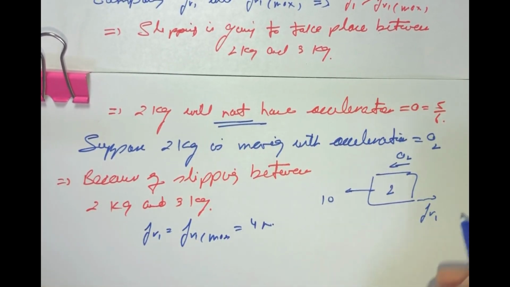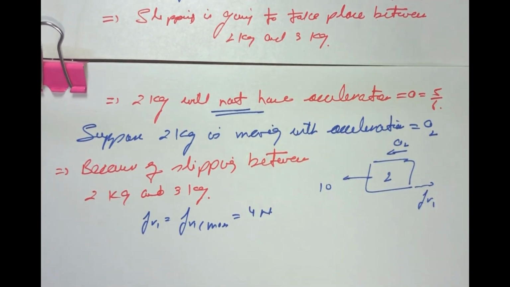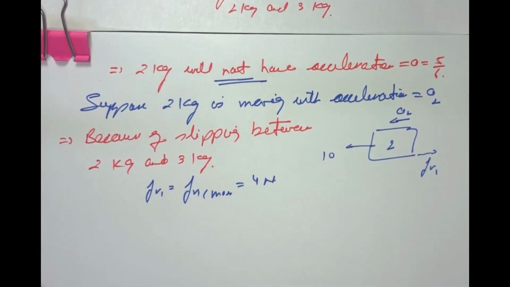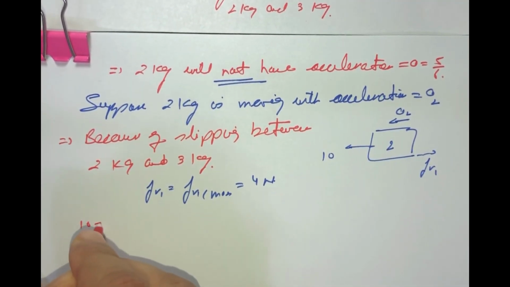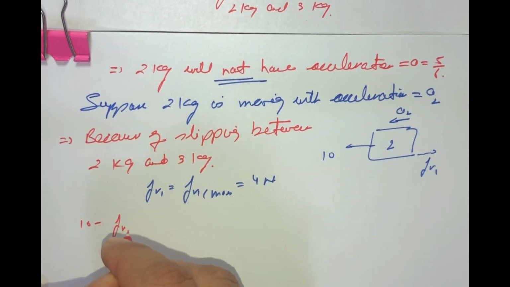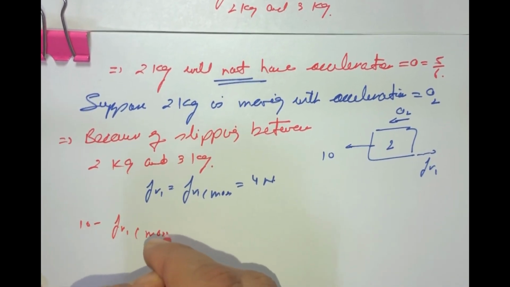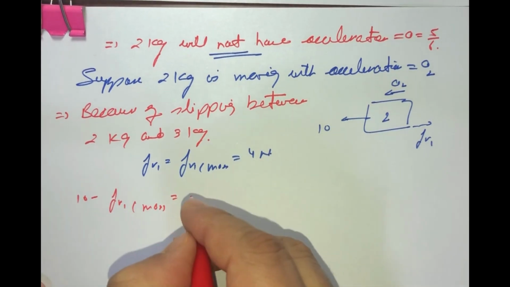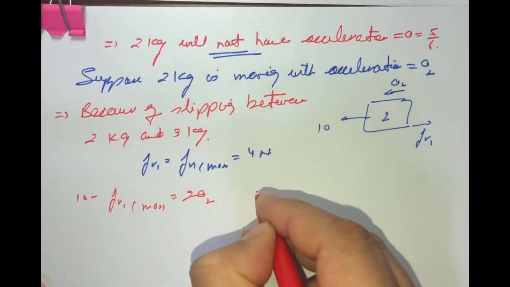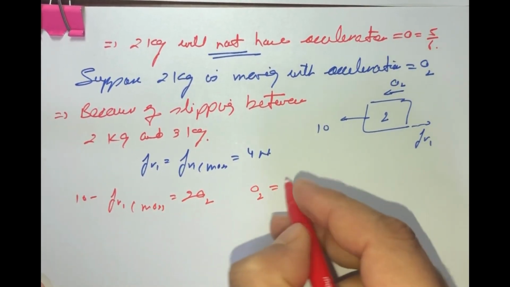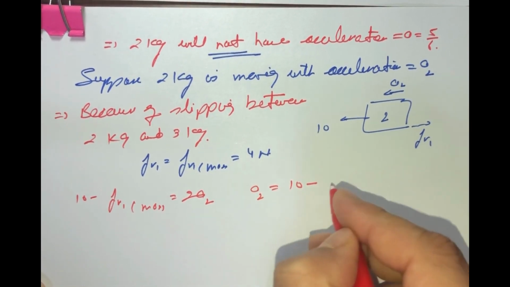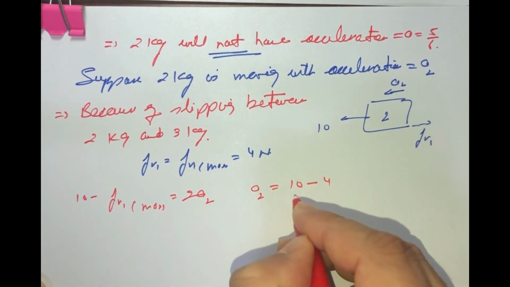So we can write the equation now. You can say 10 minus Fr1 max is equal to 2 A2. From here we can write A2 is 10 minus Fr1 max, which is 4, divided by 2.